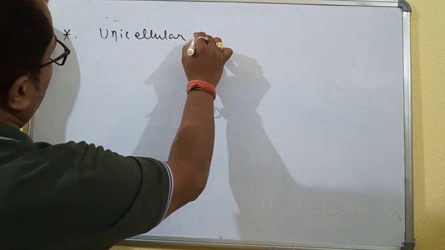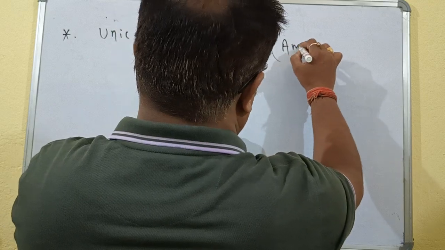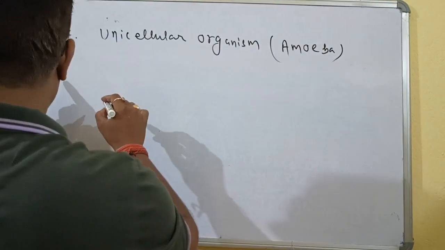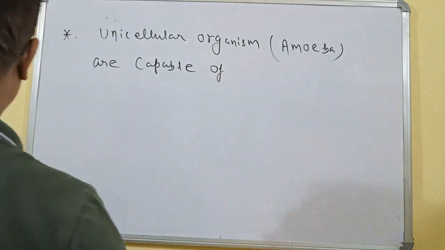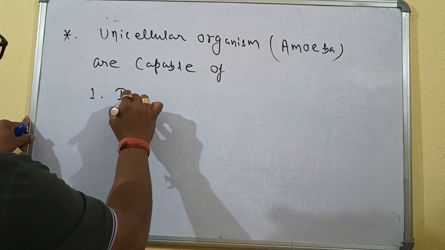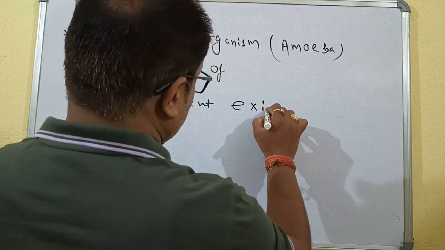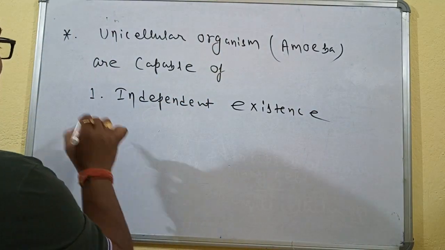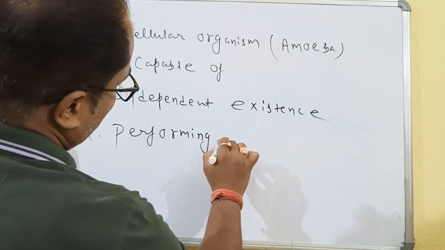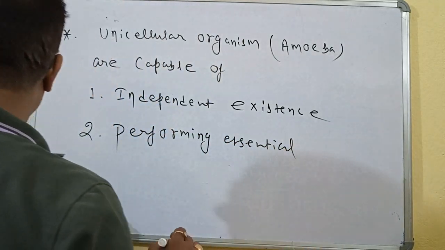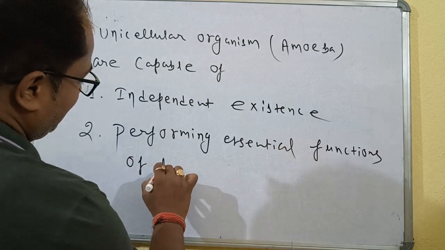Unicellular organisms like amoeba are capable of, first, independent existence, and second, performing essential functions of life.